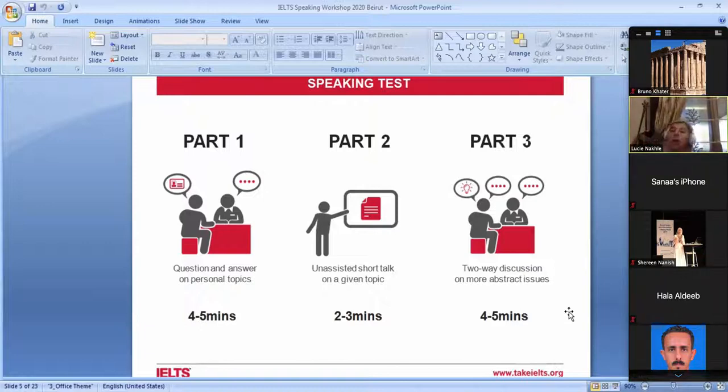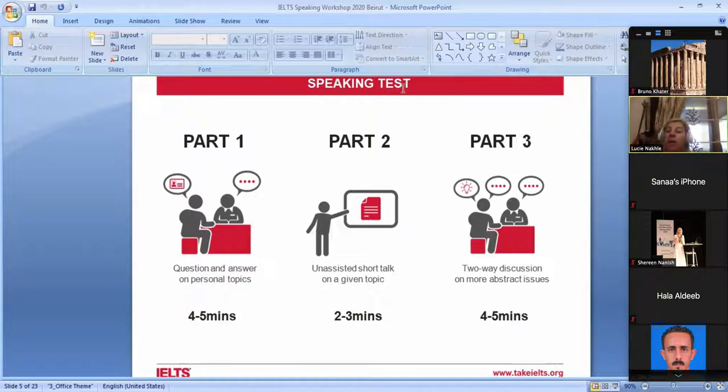A follow-up question would be, do you usually enjoy going on short trips? Then you can say yes, I do, or sometimes I do, sometimes I don't. So your answer is short here. Now we go into part 3. Part 2 is usually between 2 to 3 minutes between preparation and talking, and then we go into part 3.